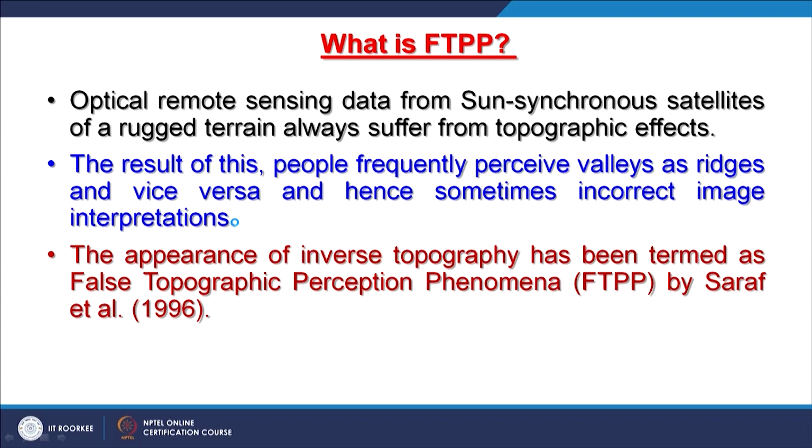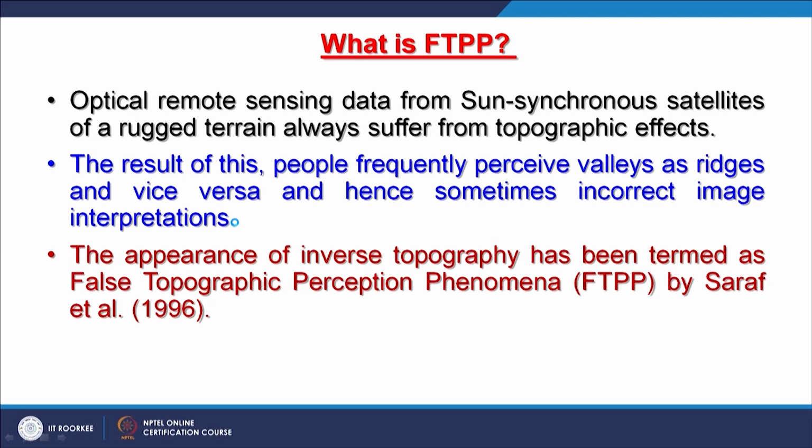Whoever is using images of a rugged terrain from these sun synchronous or polar orbiting satellites must know that these images suffer from FTPP. One technique which has come up already is rotating by 180 degrees, which gets rid of FTPP, and then you make the interpretations. A few more FTPP correction techniques have been developed, which I will be discussing very soon.